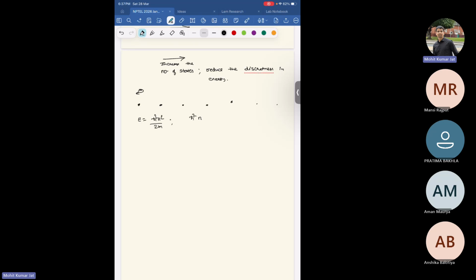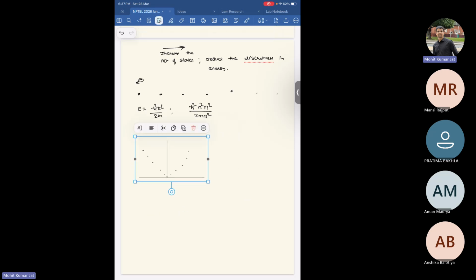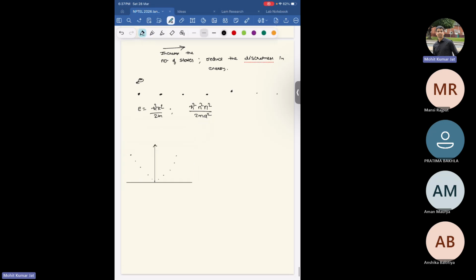So it goes as n square pi square h bar square by 2 m a square, and you have these discrete energies instead of continuous. This is the quantum part, E versus k.